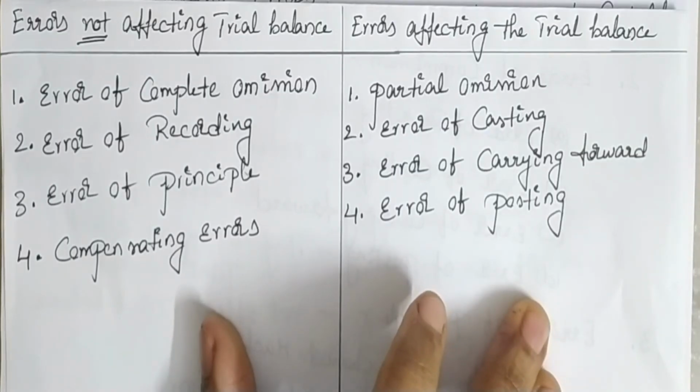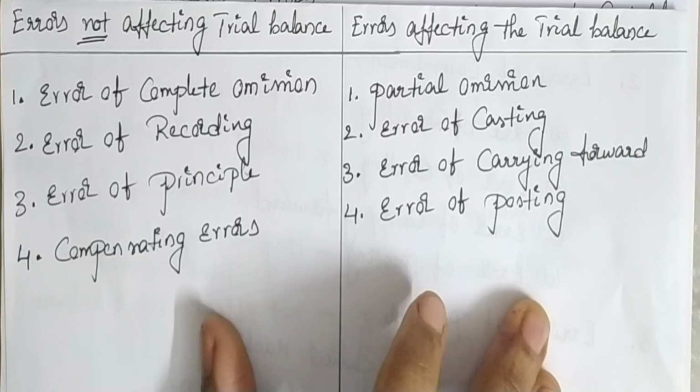For your easy reference, I have listed the errors that affect the trial balance on one side and errors that don't affect the trial balance on the other side. Errors that don't affect the trial balance are errors of complete omission, errors of recording, errors of principle, compensating errors.